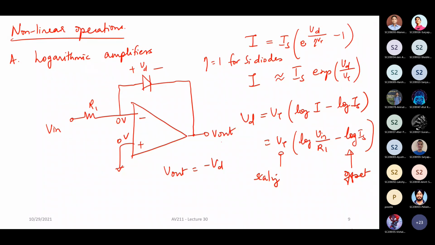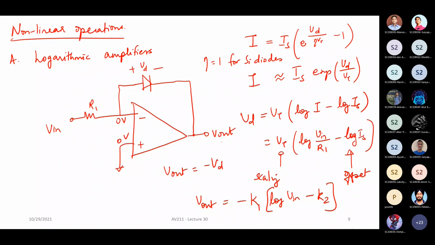Your V out can be taken as some constant K1 times log of my V in minus another constant K2. It doesn't become a constant term, because this K2, which is log of Is, is a very strong function of temperature. As your temperature starts moving around, your constant term also keeps moving around. So the whole purpose is basically lost.